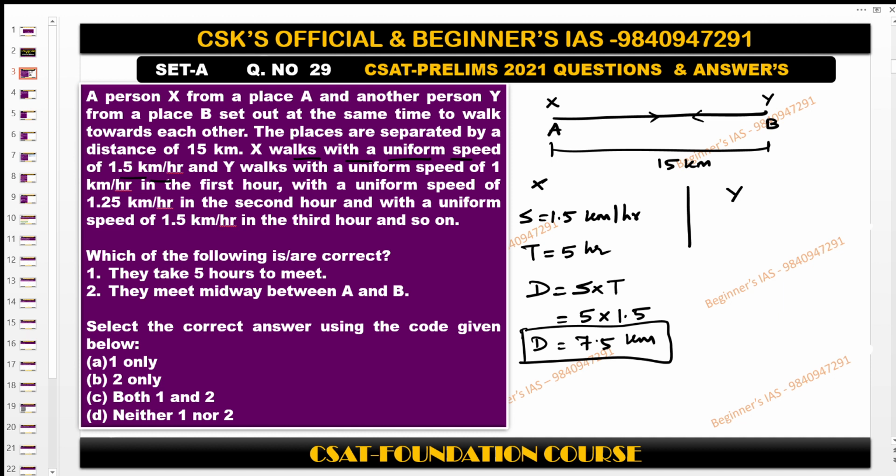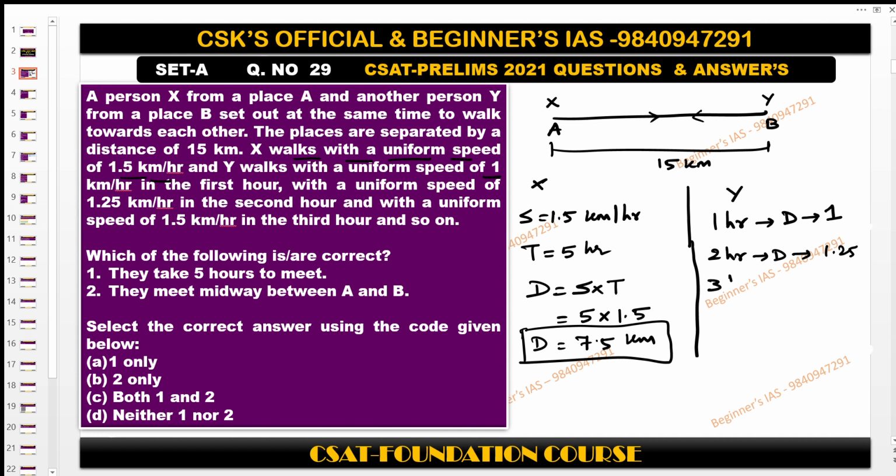Now we have to go with Y. In the first hour the distance traveled by Y is 1, since the uniform speed is 1 kilometer in the first hour. Now we are moving to the second hour. The distance covered by Y in the second hour is 1.25. You need to check with respect to 7.5 kilometer.